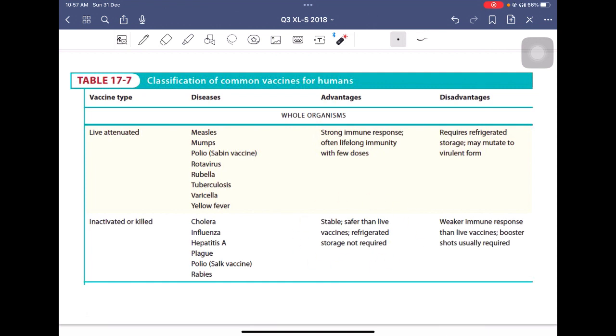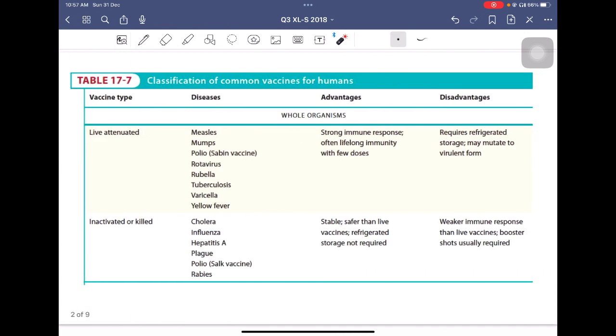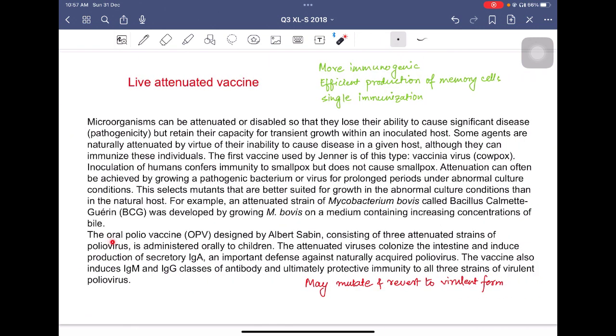So it is stable, it is safer than live attenuated vaccines, but it produces weaker immune response and it requires booster shots. So the oral polio vaccine that is asked in this question is basically a live attenuated type of virus. The oral polio vaccine, which is designed by Sabin.